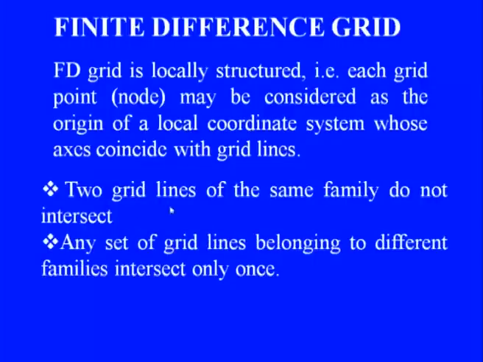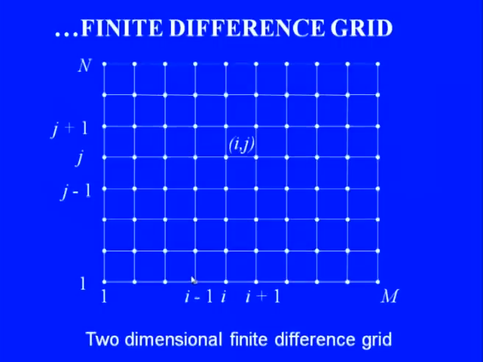Grid lines represent the lines or curves or maybe surfaces in space at which a certain coordinate value remains constant. So suppose you have grid lines of the same family, the property is that two grid lines of the same family do not intersect, and the next property of the grid is that any set of grid lines belonging to different families intersect only once.